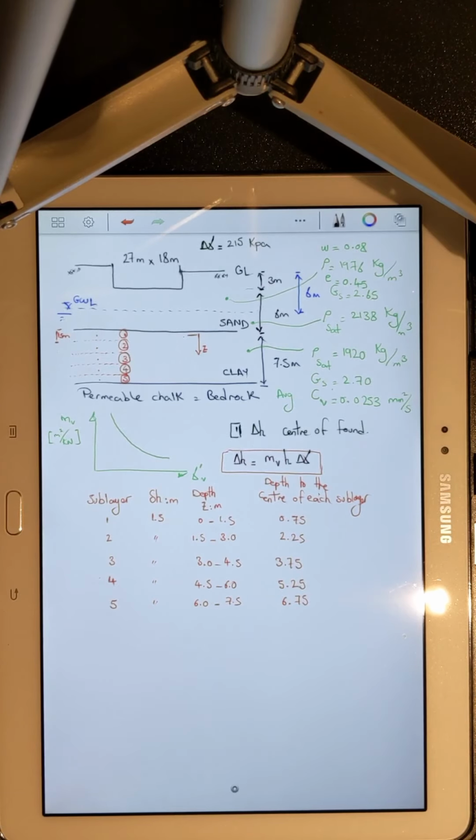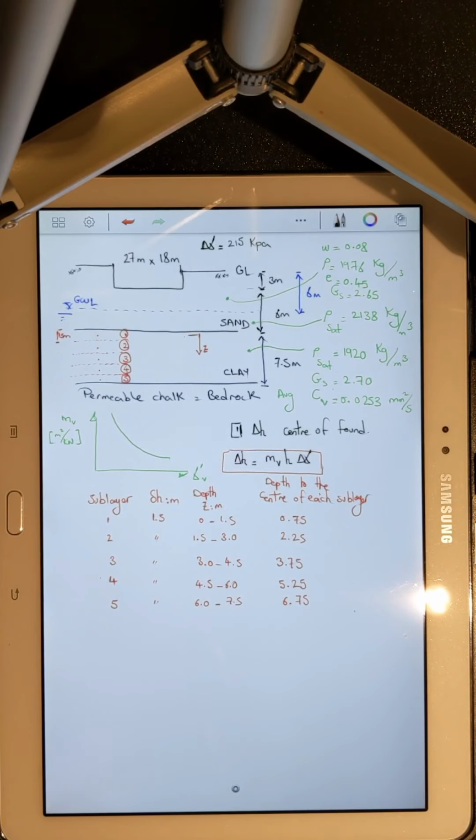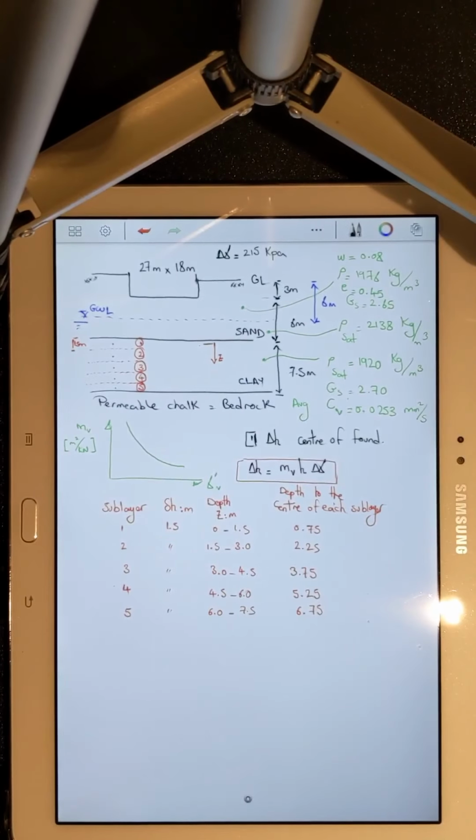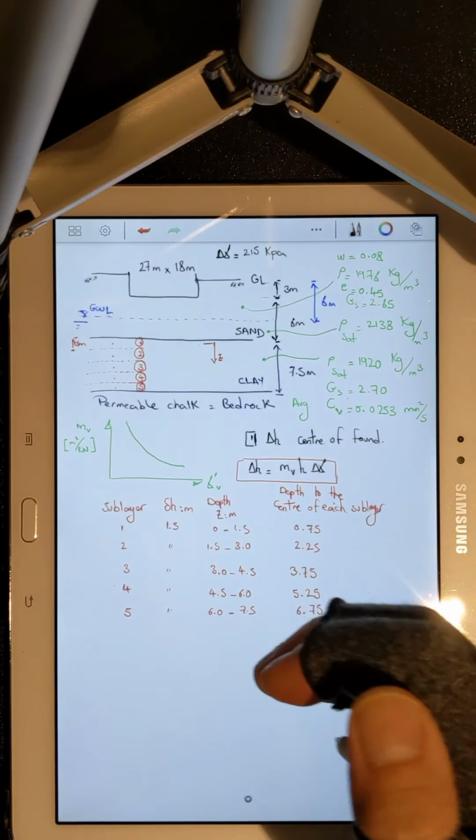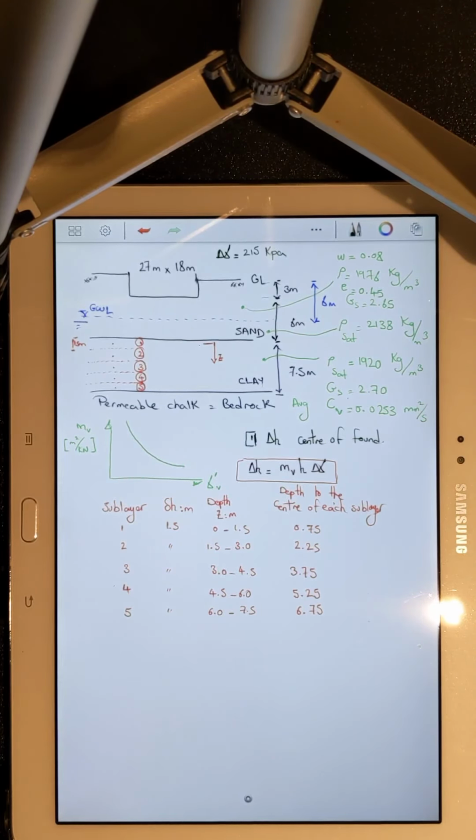To do that, I need to begin with the initial effective stress at the center of each sublayer. So what I really need to do is to determine the initial effective stress at the center of each sublayer, and then to calculate the change in effective stress at the center of each sublayer, and then consider the initial effective stress and the change in effective stress to calculate my final effective stress, again at the center of each sublayer.